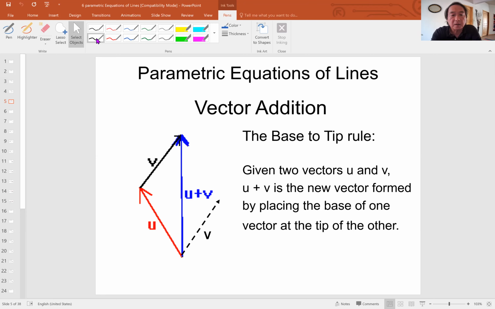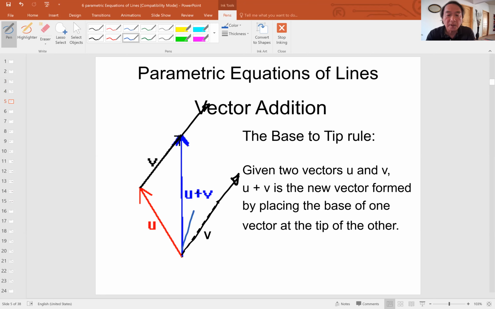Notice that if I change v by a length, maybe stretch it, and do the same thing, the end result will be another vector that sits on the same line, based at the tip of u.